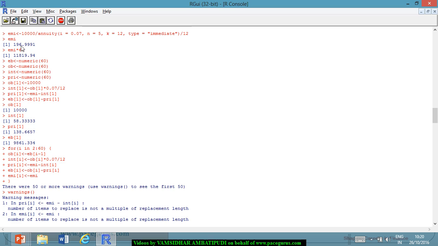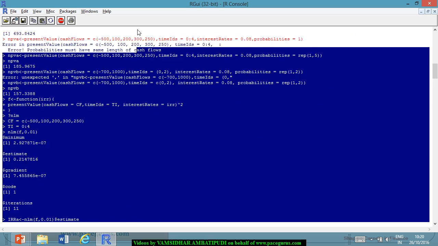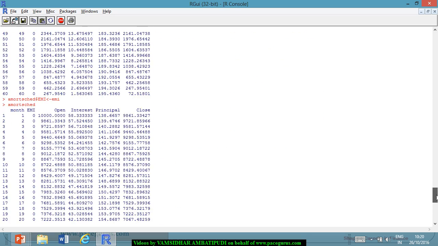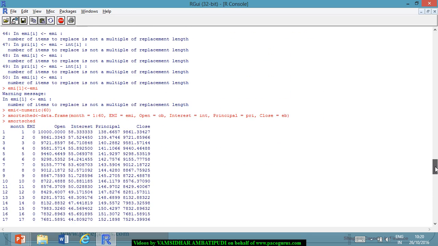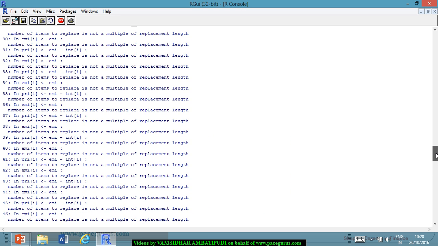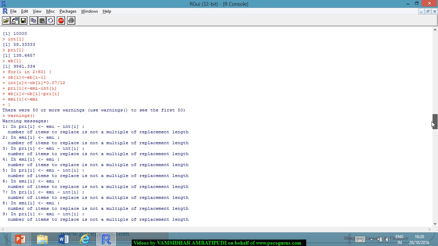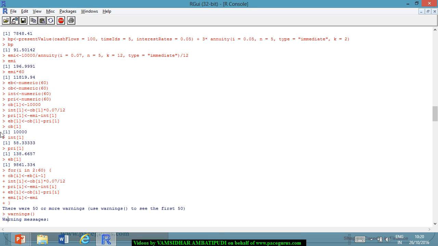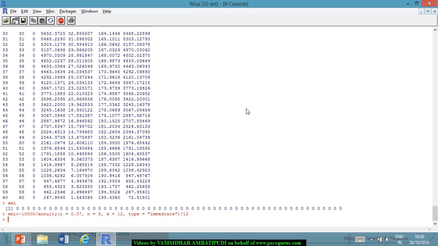So I have to do the EMI computation again, and then let me allot this EMI value. Right, it's just a variable got overwritten. So let me call this EMI again as this one. So now let me do the allotment.